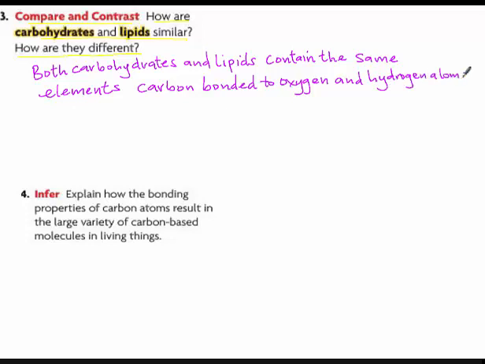So this is the similarity between these two.